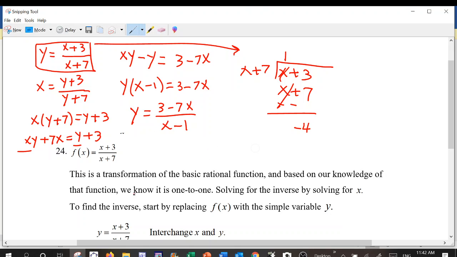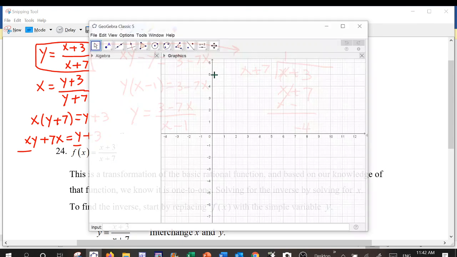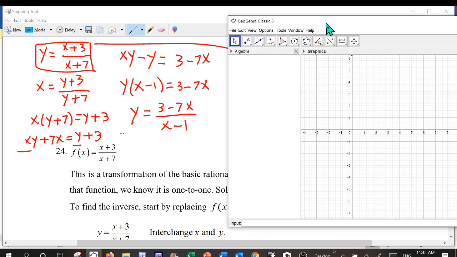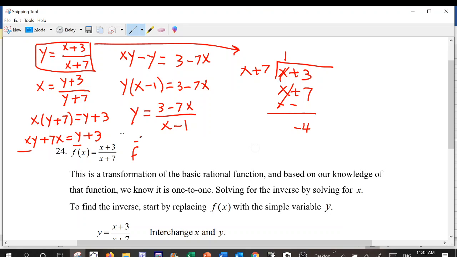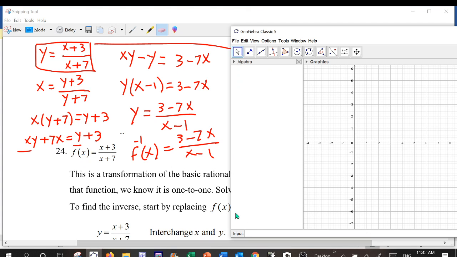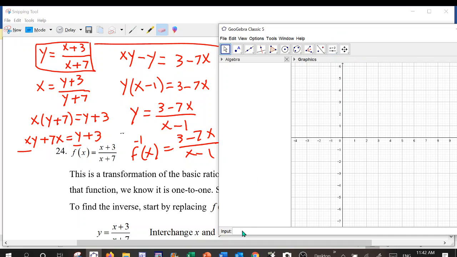So let's look at the graphs of these two. The inverse is actually right here. Let me write it down. So I'm going to graph first the inverse: y equals 3 minus 7x divided by x minus 1.